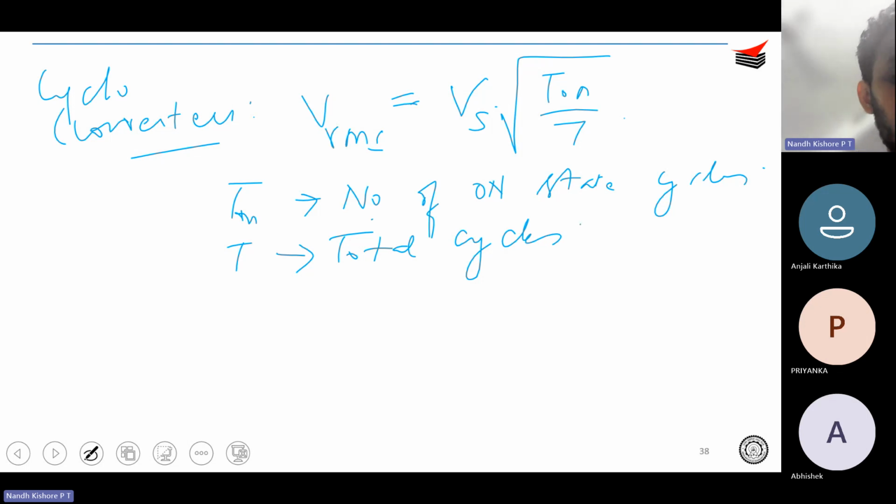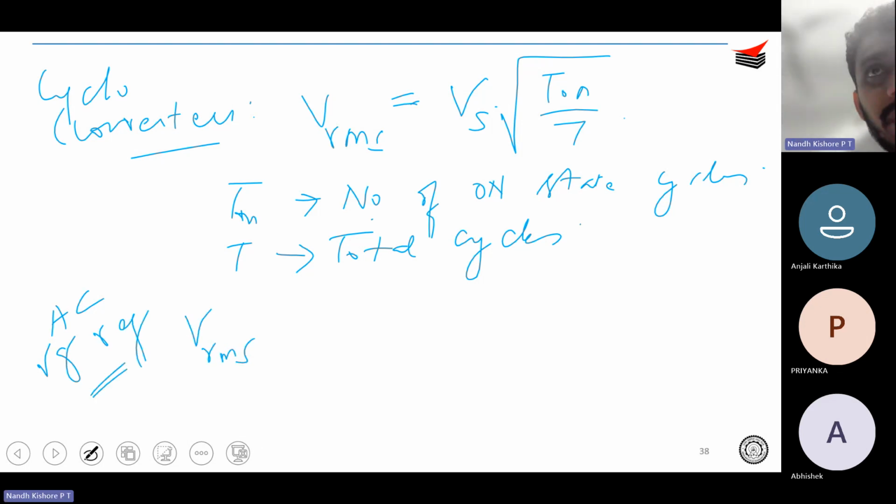Okay. And for AC voltage regulators, we saw what was the VRMS, right? With single phase R load and RL load. So I'm not going to the formula. The formulas are there in the slides itself. You need not mark them up. Okay.